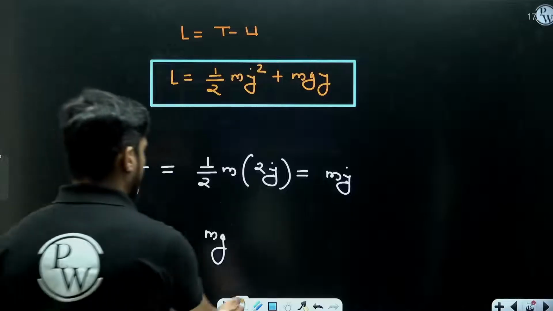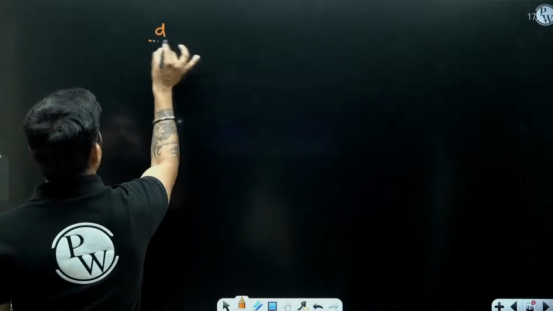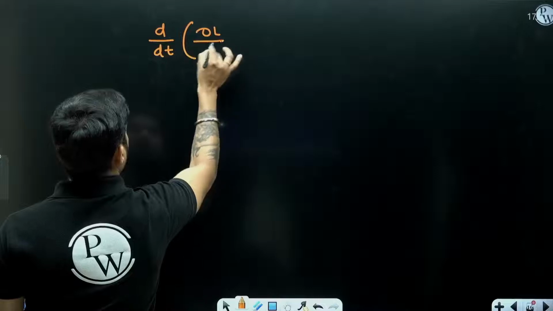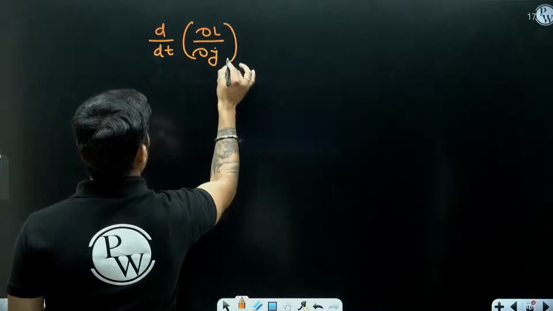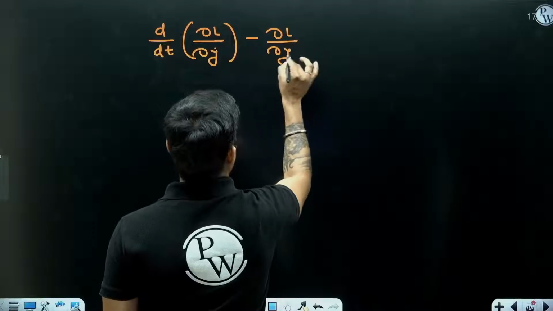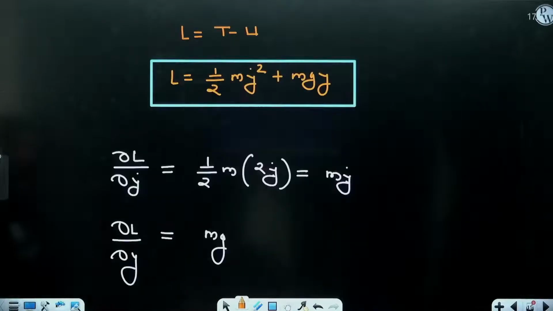Now I will write the equation of motion. According to Lagrange, the equation of motion is d by dt of del L by del y dot minus del L by del y equal to 0, right?